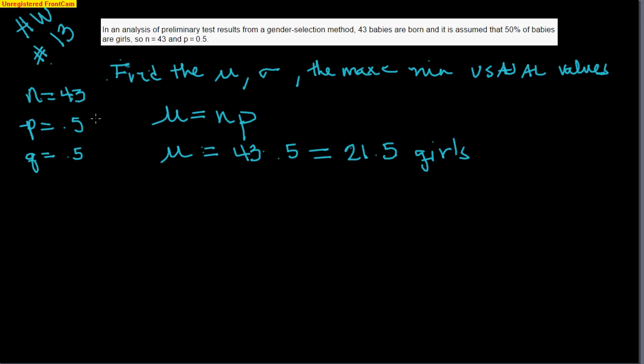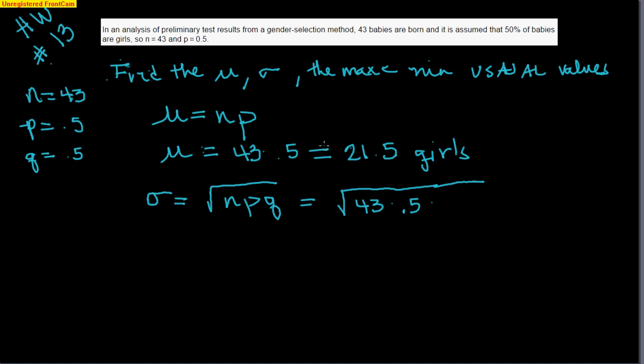Okay. All right. What is the standard deviation? Well, the standard deviation we learned, the formula is the square root of n times p times q. So in this case, it's going to be the square root of our 43 times our 0.5, which is p.